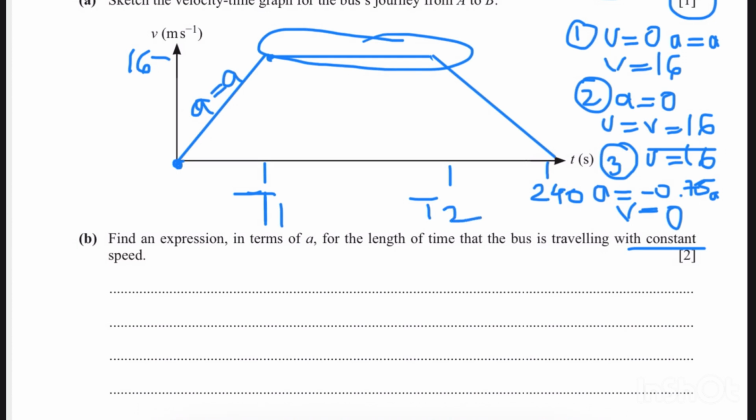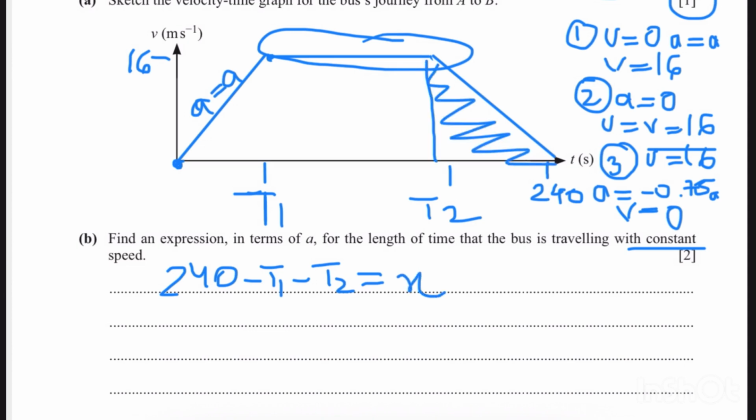So in order to find the time segment, what we can do is subtract T1 and T2 from the total time, which is 240. And we can call the length of time the bus is traveling at a constant speed x this time. And T1 is this part.